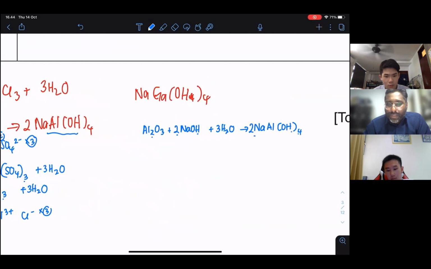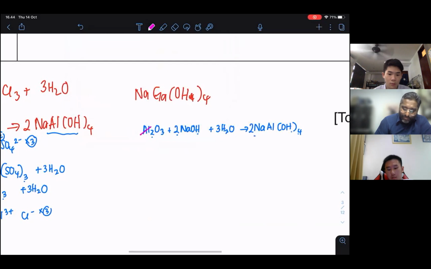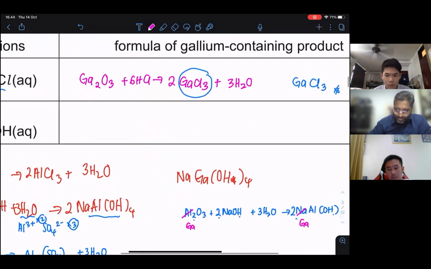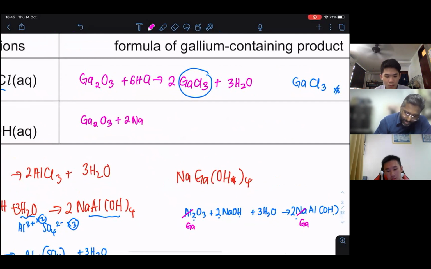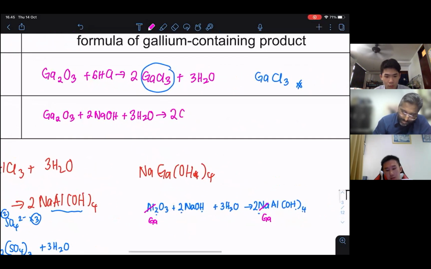Now you can write it based on gallium. You just need to change this into gallium. If they ask you to write the equation, but in this case they didn't, I'll still write it: Ga2O3 plus 2NaOH plus 3H2O gives 2NaGa(OH)4.